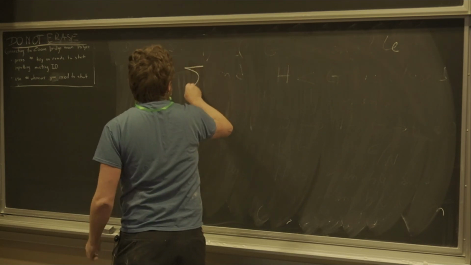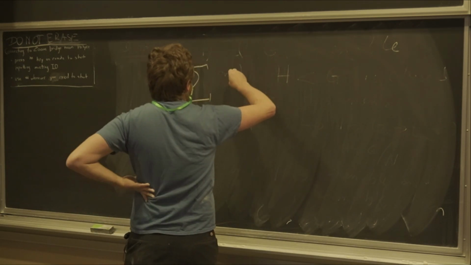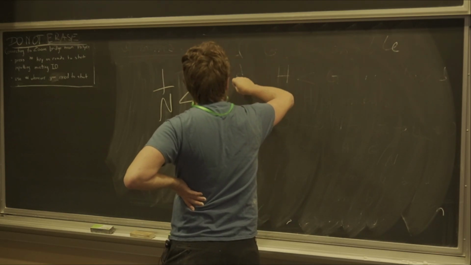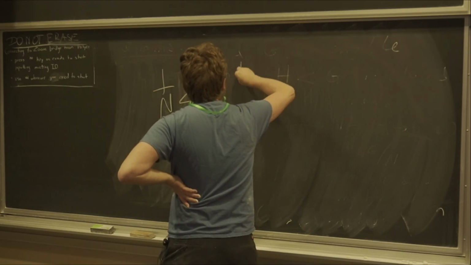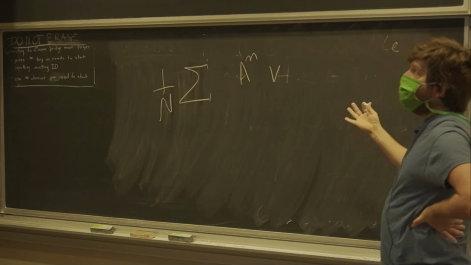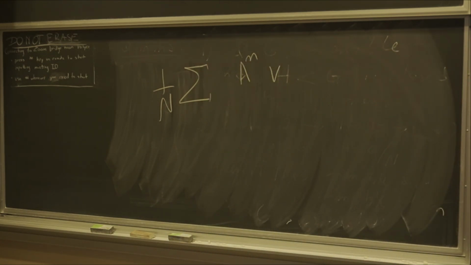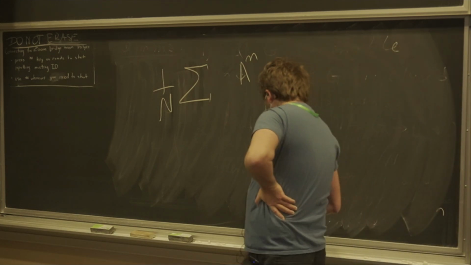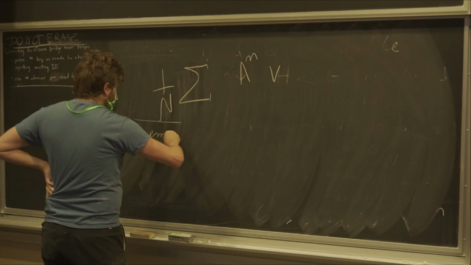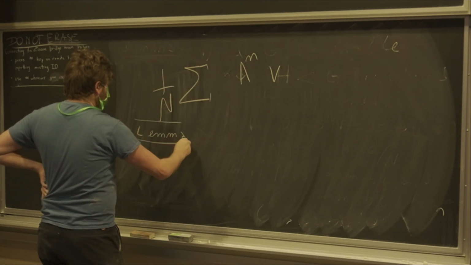An amenable group allows you to do something like what I'm writing here. Do some average of iterates of vectors. Okay? So there is an equivalent definition, which is exactly to the point of this.